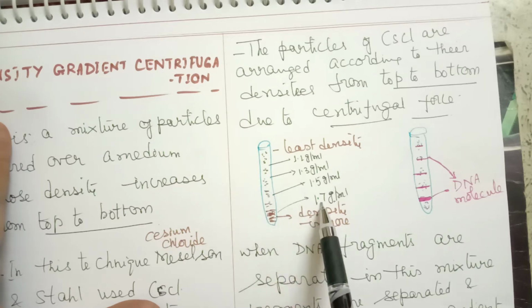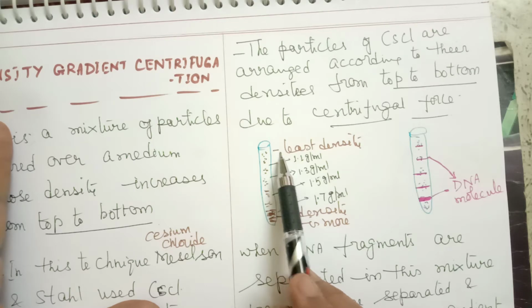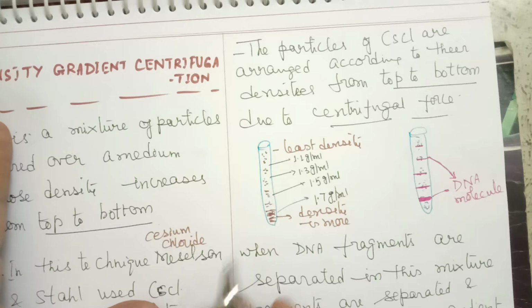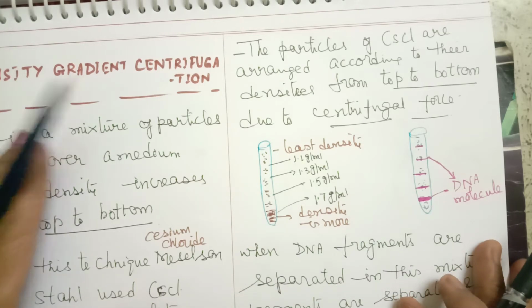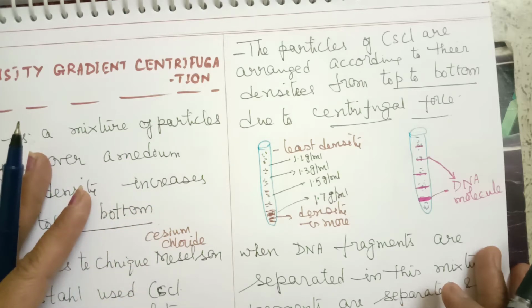Say, for example, 1.7 grams per milliliter at the bottom, gradually decreasing towards the top. This is how the cesium chloride solution is distributed in a gradient based on density. That's why it is called density gradient centrifugation.